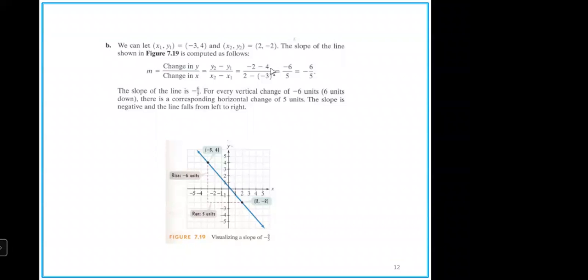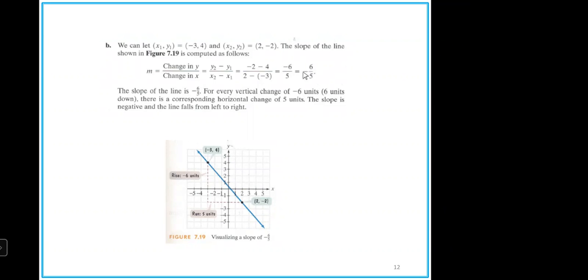Okay, so 2 minus that gives you -6. That's like 2 plus 3 is 5. So that's -6 over 5. So you're going to end up now with a negative gradient, -6 over 5.